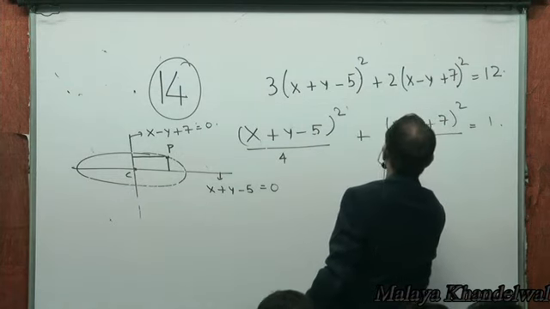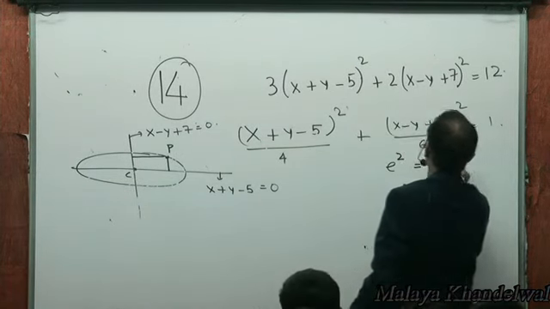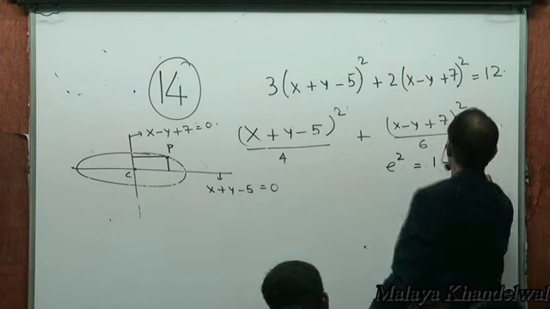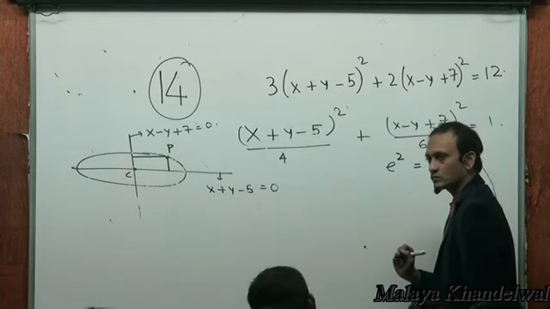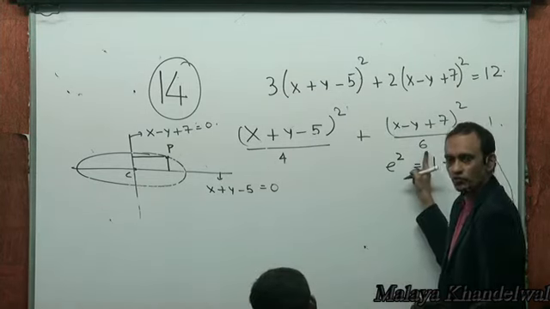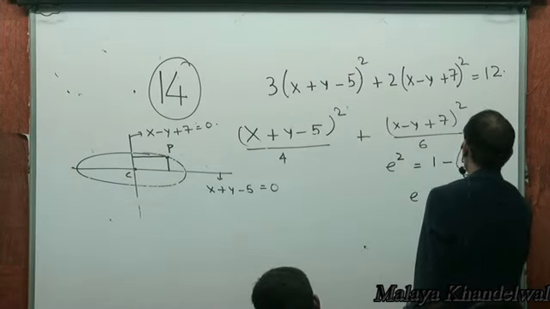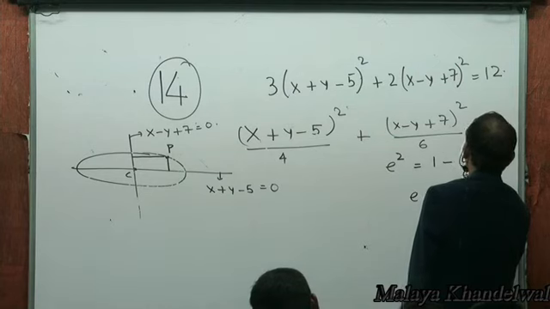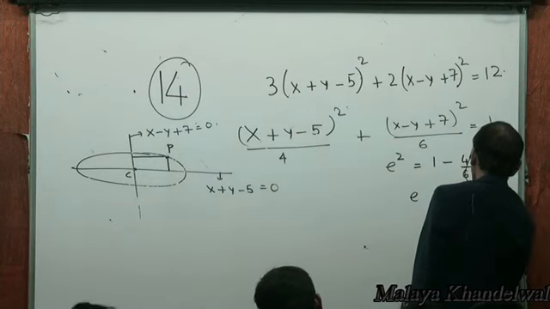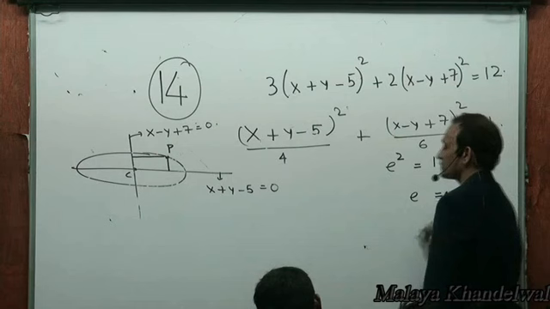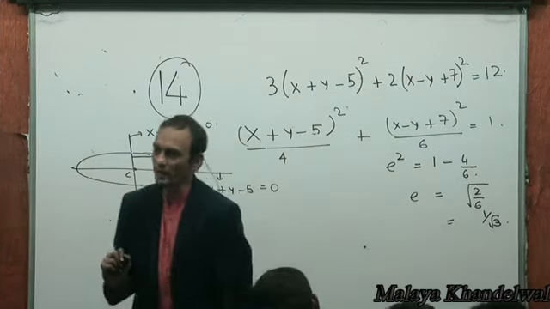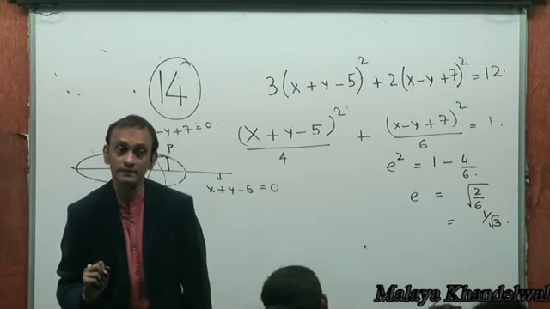What is the eccentricity of this ellipse? 1 minus 4 by 6, isn't it? 1 minus 4 by 6. That means e² must be equal to 2 by 6. That means 1 by root 3 is the eccentricity of this ellipse, right?